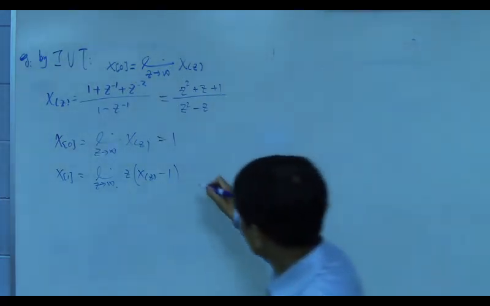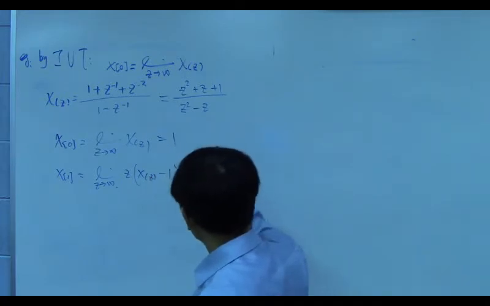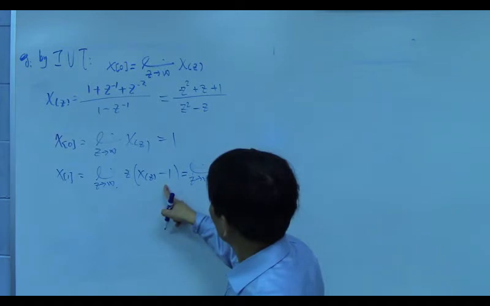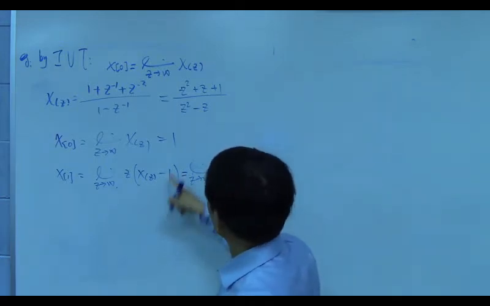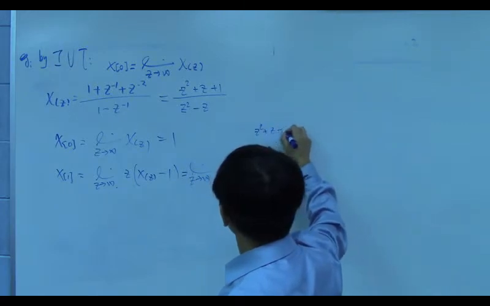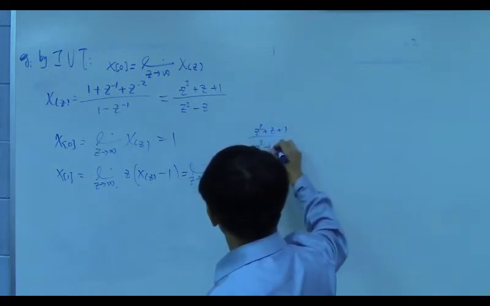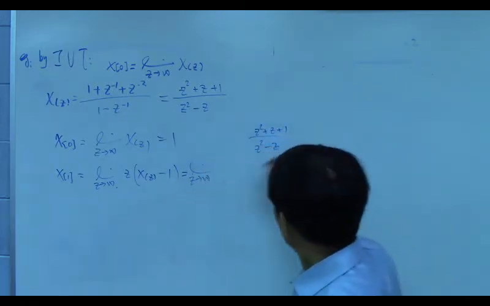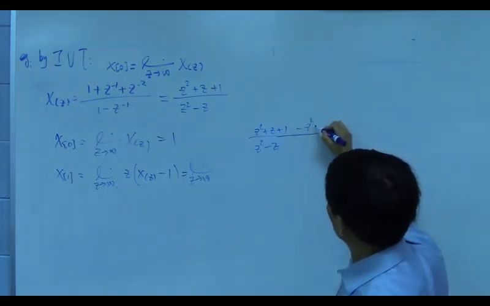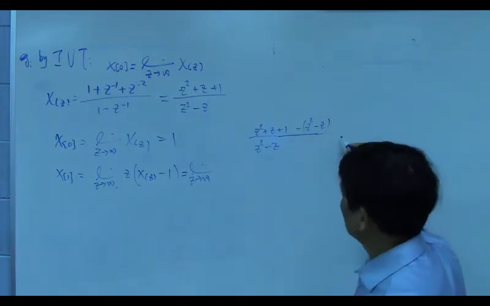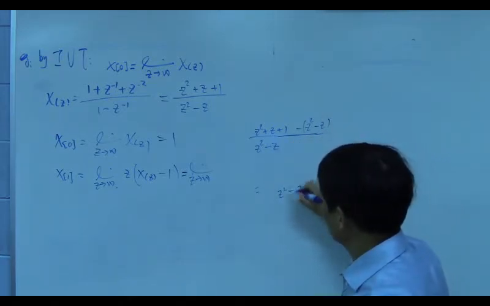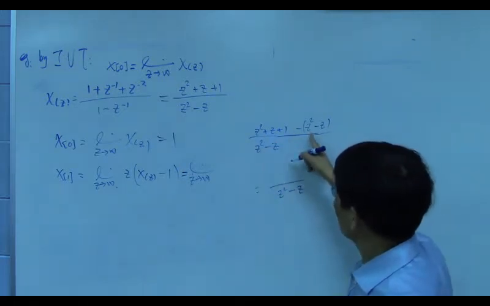Okay, let's see what this is. X(z) minus 1 means minus 1 times the z squared minus z here. So that one will be equal to z squared minus z on the bottom. And the z squared is gone.